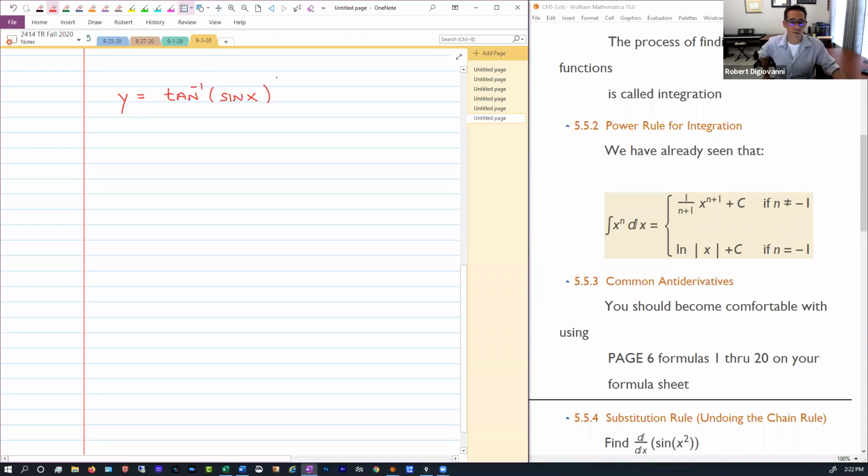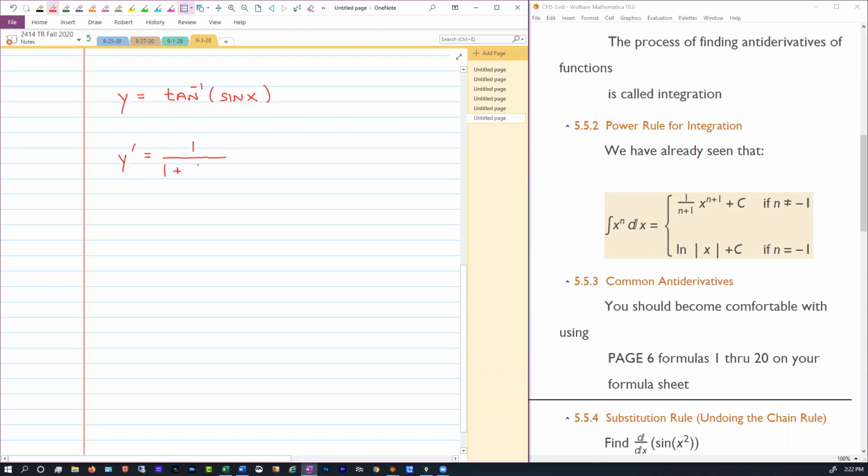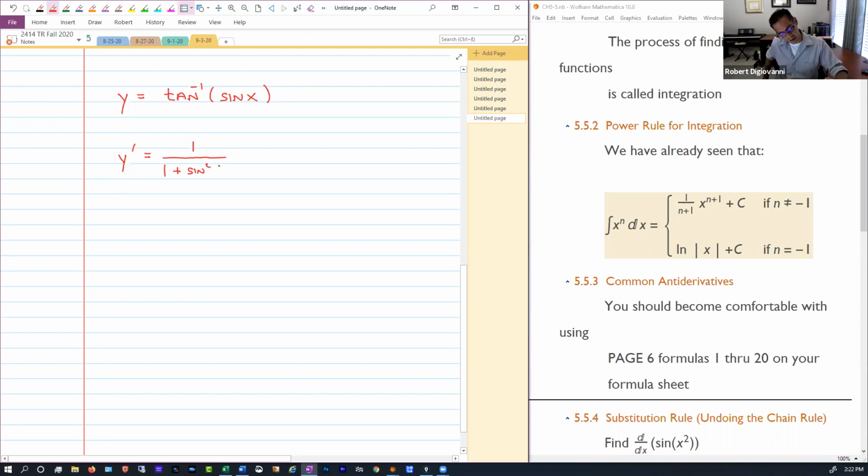Okay, I'm not asking you to find the antiderivative. I want us to actually take the derivative of this. So what's the derivative of arctangent of something? 1 over 1 plus whatever's in there squared, so sine squared x.